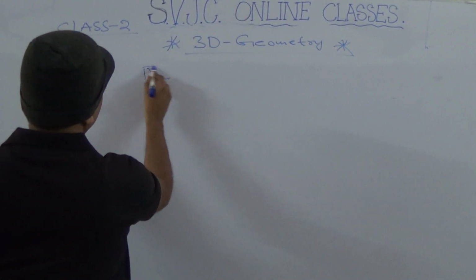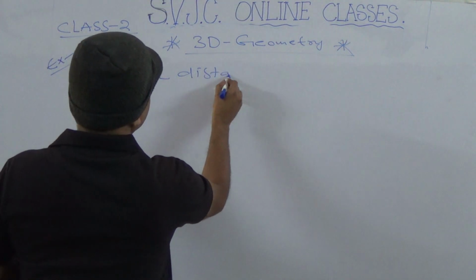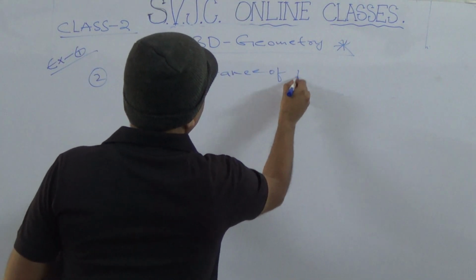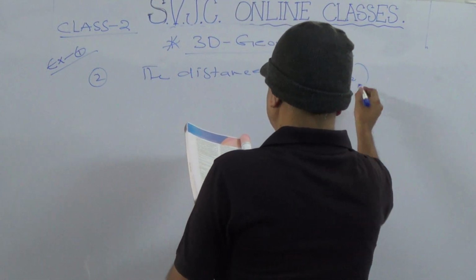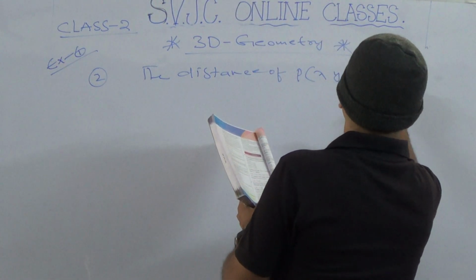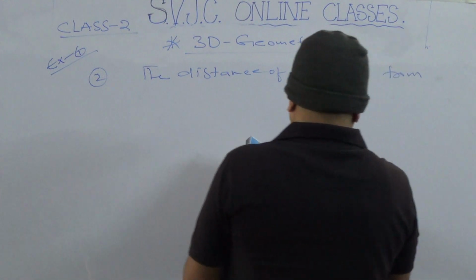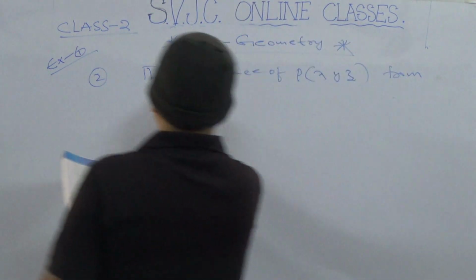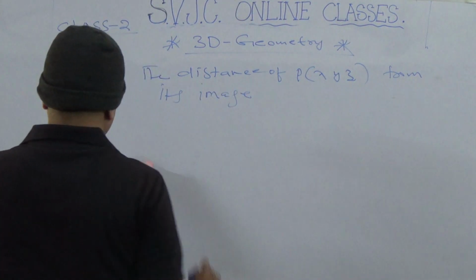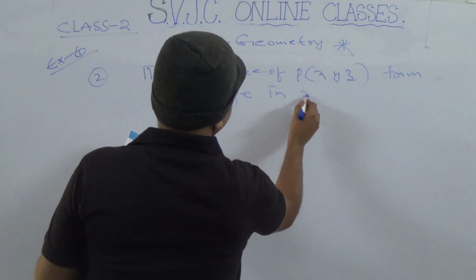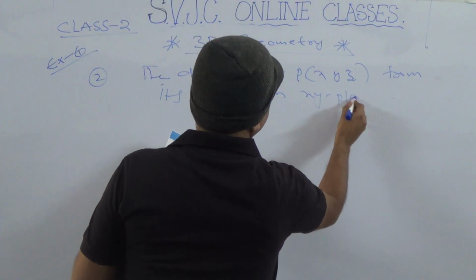The problem is: the distance of P(x, y, z) from its image in the xy plane.